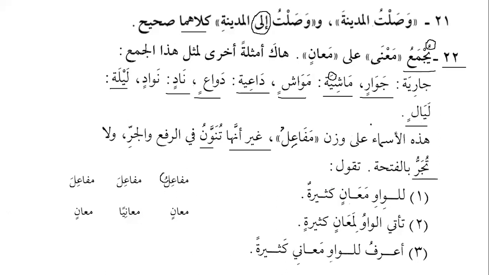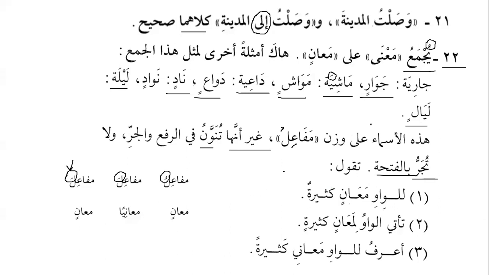Mafa'ilu, when it is marfu, it has dhamma. When it is mansub, it has fatha. And when it is majroor, it has fatha. So it says wala tujarru, and it is not given jar bil fathati, by fatha. Here, when it is jar, we give it fatha.